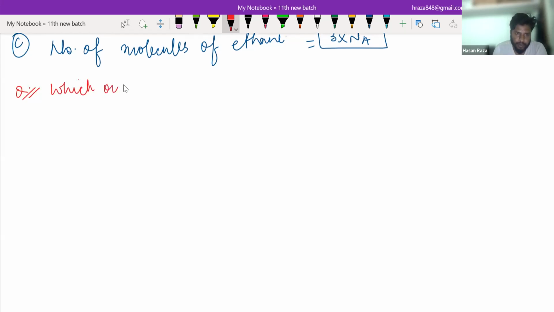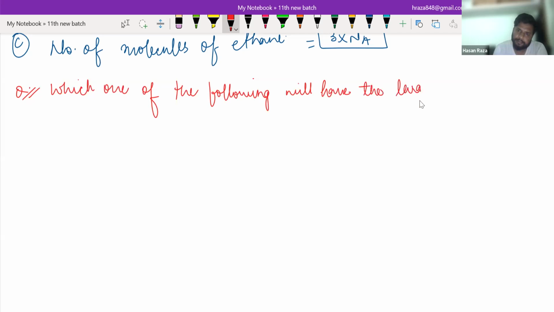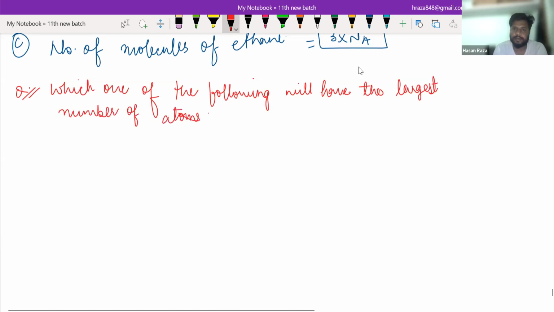Now, the next question is basically: which one of the following will have the largest number of atoms?